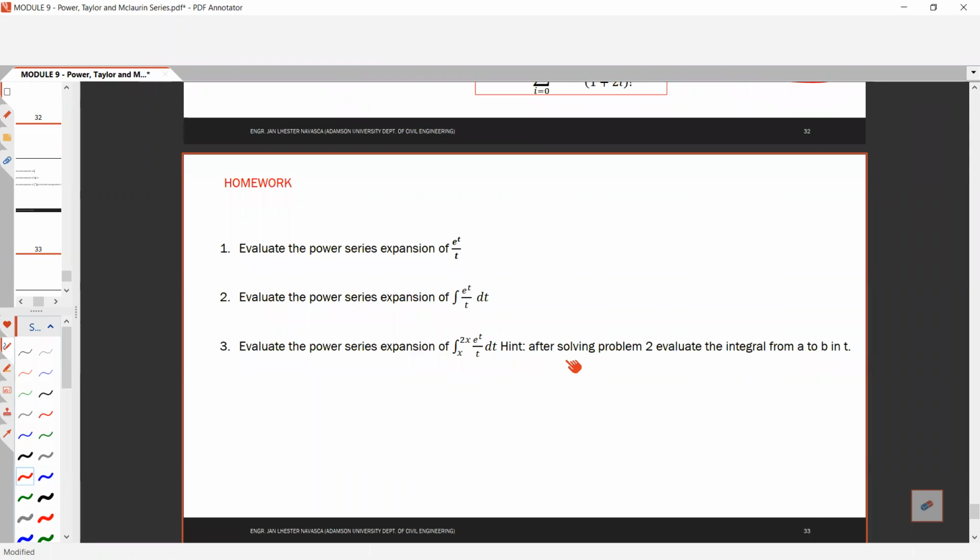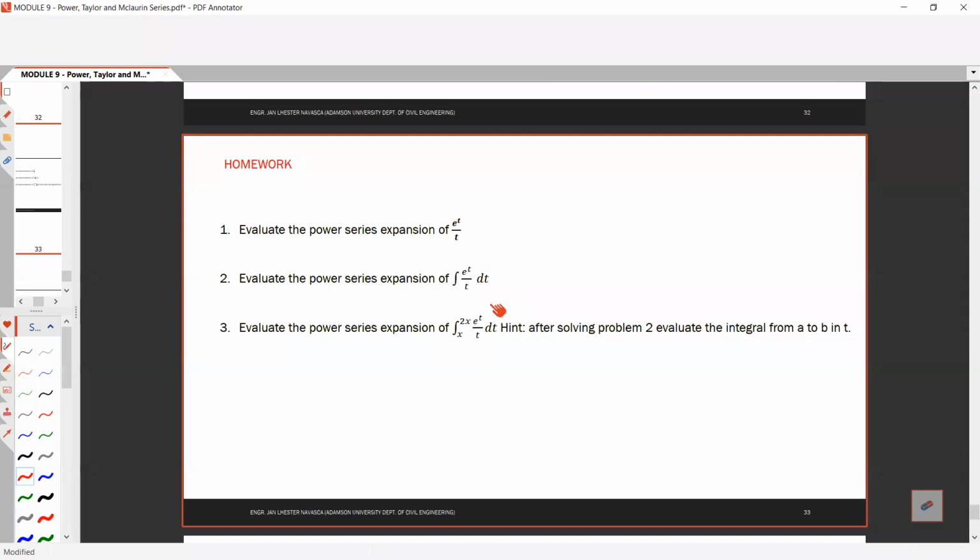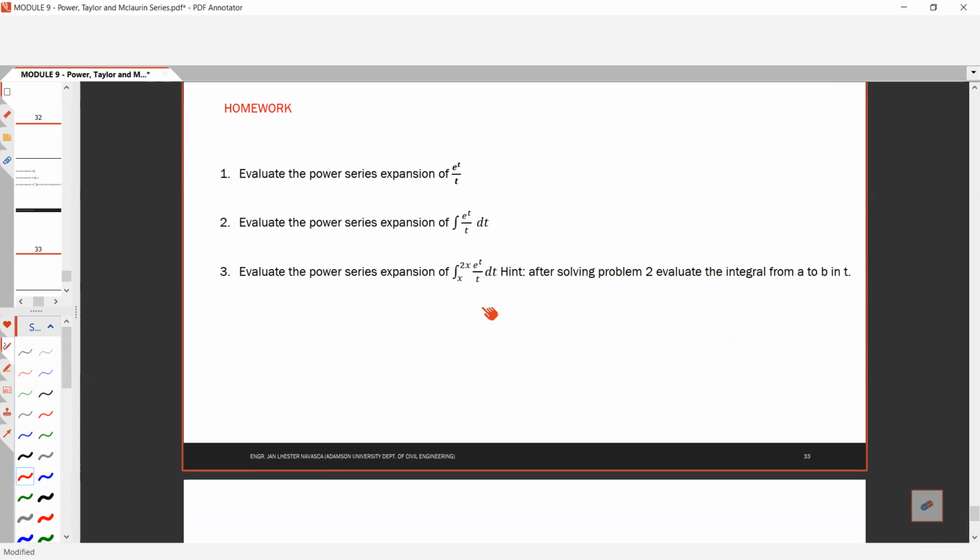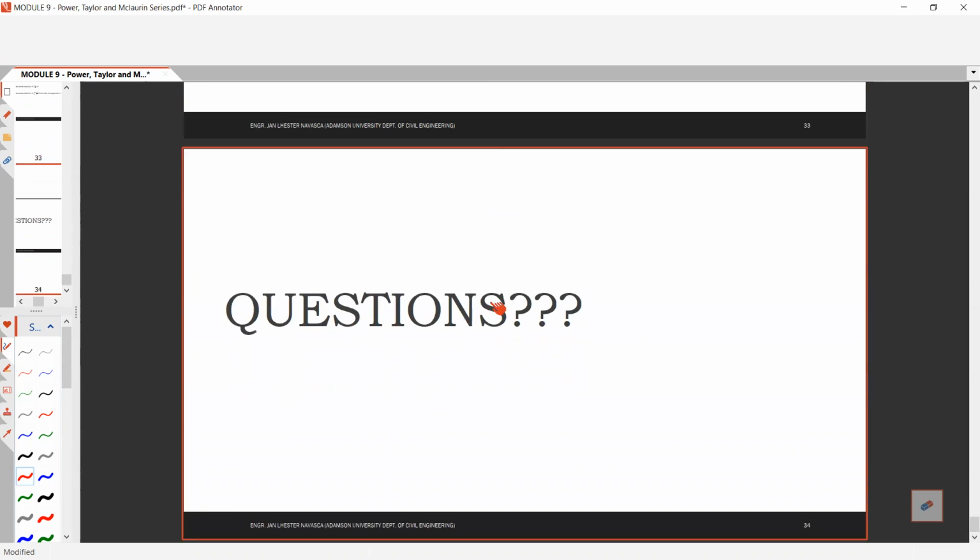So hint, after solving your problem 2, evaluate the integral from a to b in t. Okay? So yan lang. Kasi after mo ma-solve tong e raised to t over t, evaluate mo na lang yung integral from lower to upper boundaries in t. So that is all for the Taylor series, for the power series expansions.